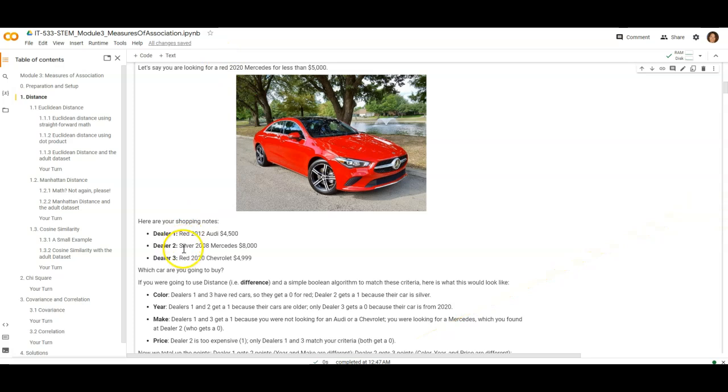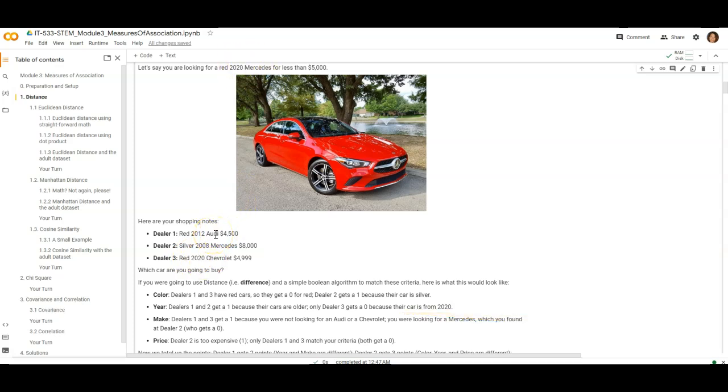Now let's talk about the year. We have 2012, 2008, and 2020. So dealer number 1 gets 1 point for 2012 because 2012 is different from 2020. There is a distance. The same goes for dealer number 2 because 2008 is different from 2020. However, dealer number 3 gets 0 points because there is no distance between 2020 and 2020.